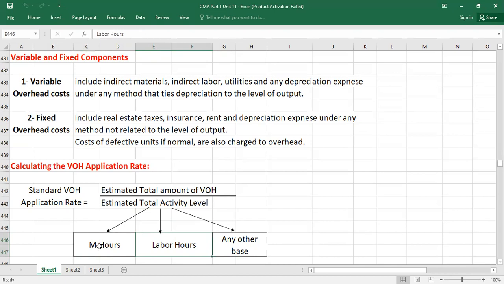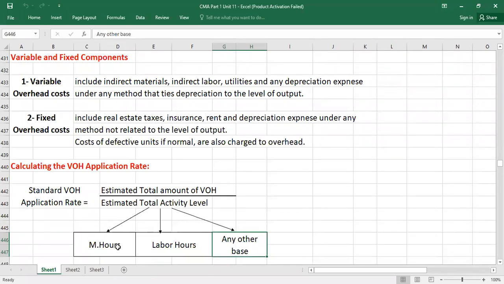But if you are not provided with the data of machine hours or labor hours for the variance purpose, the third base which you will use to allocate the variable overhead cost to the product is the output level, like units of production. In the exam you might face two cases.